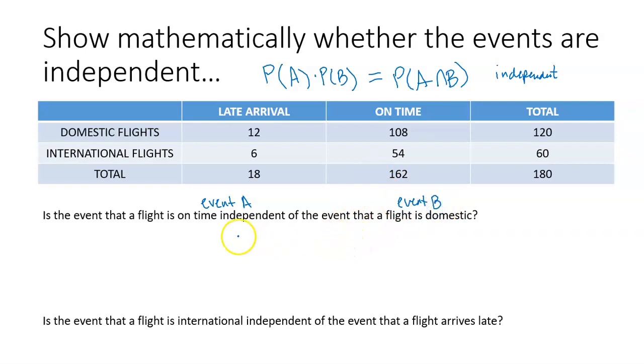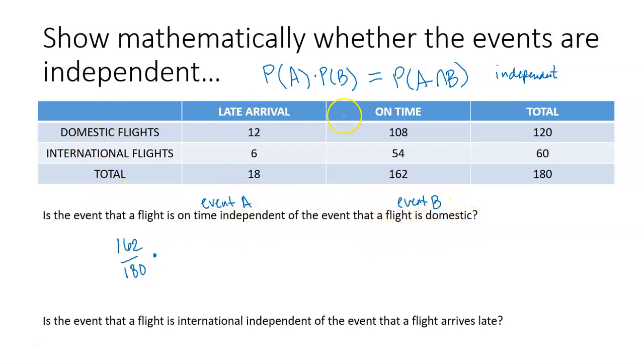Okay, so let's look at what is the probability that the flight is on time. It looks like there are 162 out of 180 that are on time. So we're going to take the probability of event A happening, and multiply it by the probability of event B, which is that a flight is domestic.